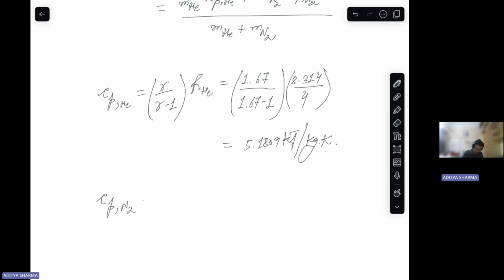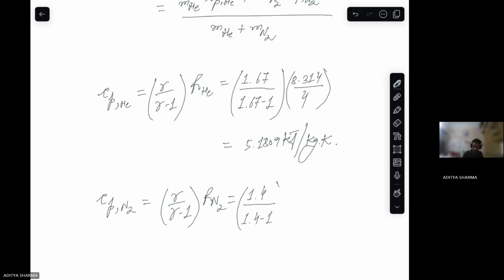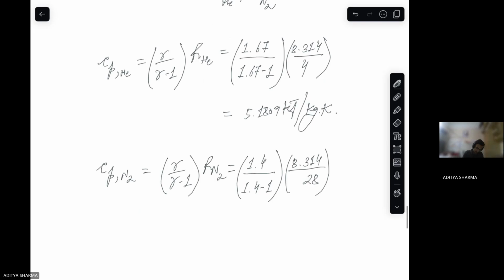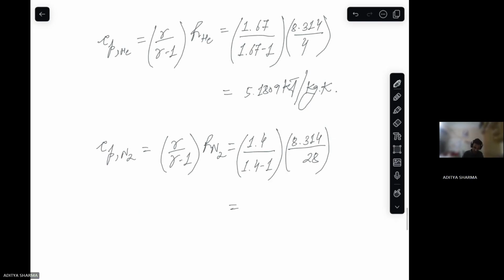And for nitrogen, if we calculate, because it is diatomic gas, in that case gamma will be 1.4. So if we work this out, this comes out to be this.